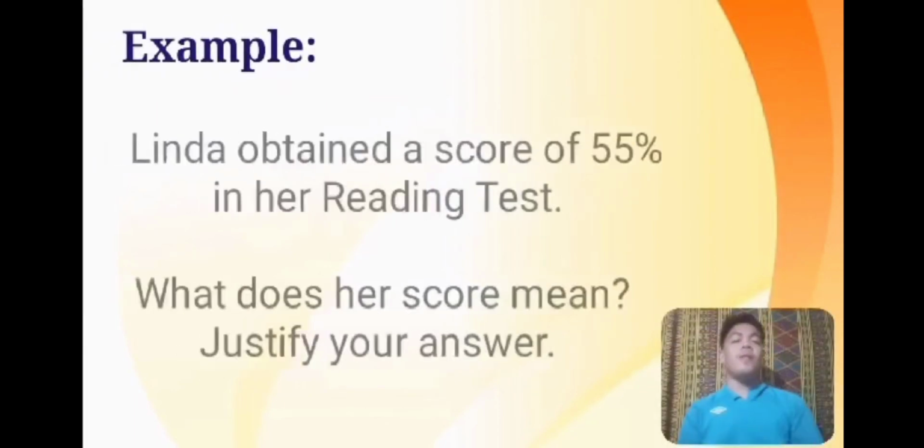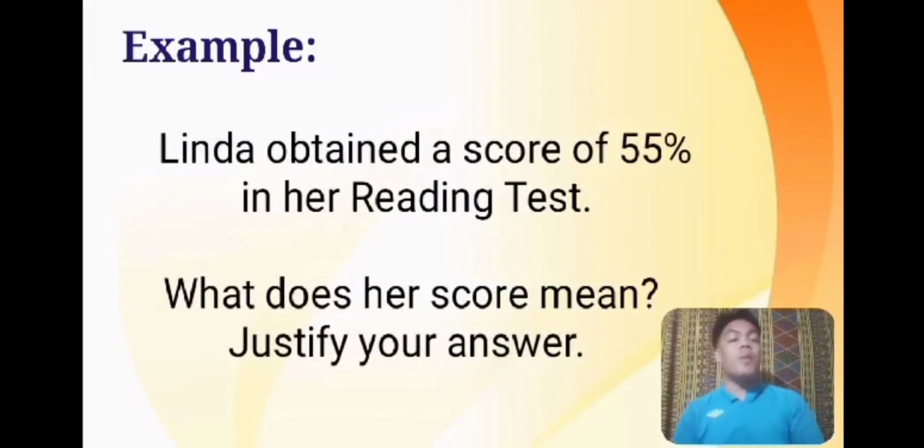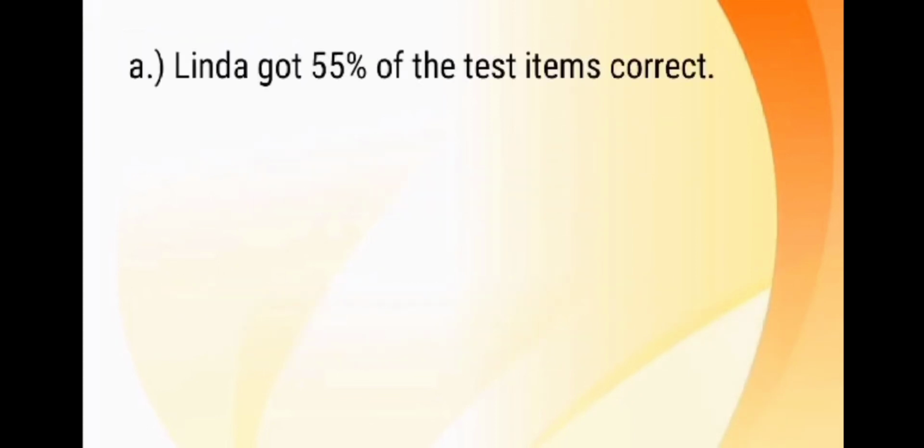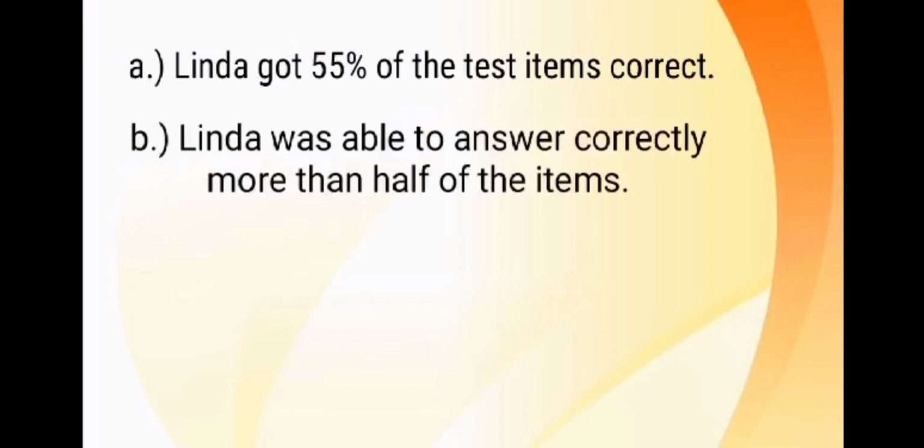For example, Linda obtained a score of 55% in her reading test. What does her score mean? Justify your answer. A, Linda got 55% of the test items correct. B, Linda was able to answer correctly more than half of the items.